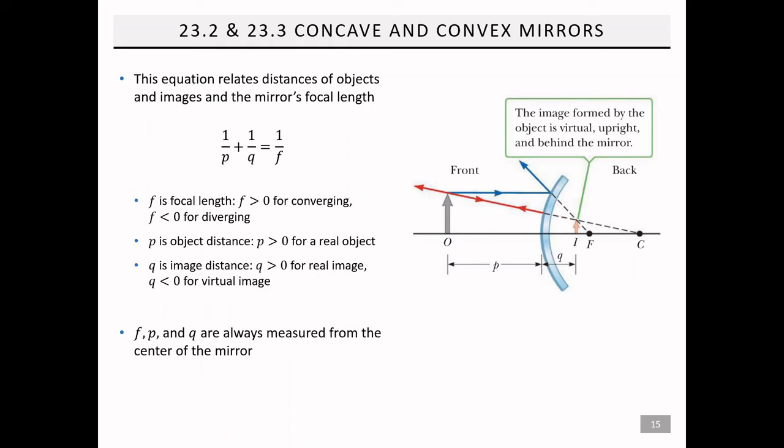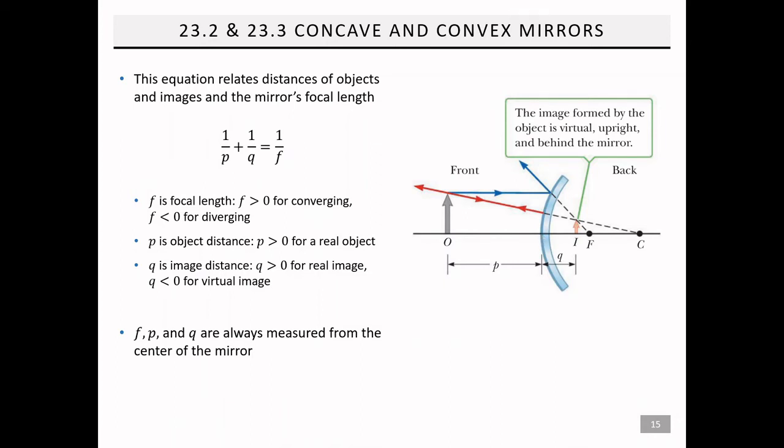Okay, I realize that's a lot of words that may just sound like they're jumbled together, but I do have a table in a few slides that hopefully summarizes this for you. In any case, the lens equation is 1 over the object distance plus 1 over the image distance equals 1 over the focal length. And all 3 of F, P and Q are always measured from the center of the mirror.